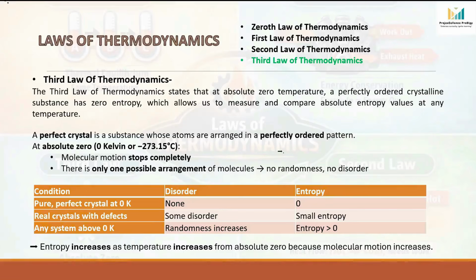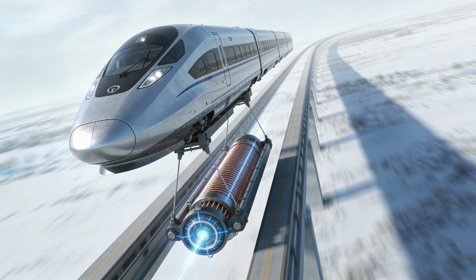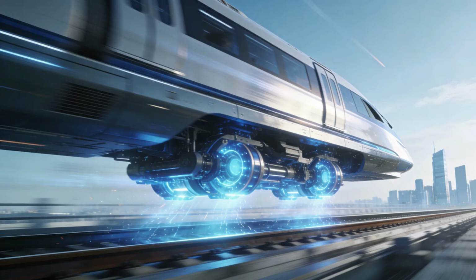Another exciting example is magnetic levitation trains, also known as maglev trains. These trains use powerful superconducting magnets to create magnetic forces that lift the train above the track. Since the train does not touch the rails, there is almost no friction, which allows the train to travel at very high speeds.